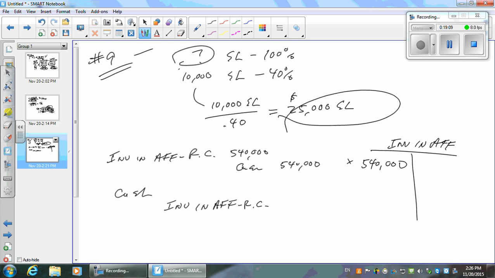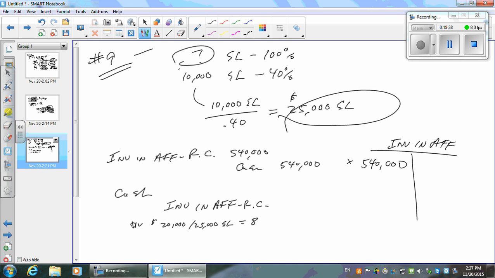How much is that going to be? If I own 10,000 shares out of the 25,000, and they gave a $20,000 dividend, what is it per share? $20,000 divided by 25,000 shares. Is that 80 cents?